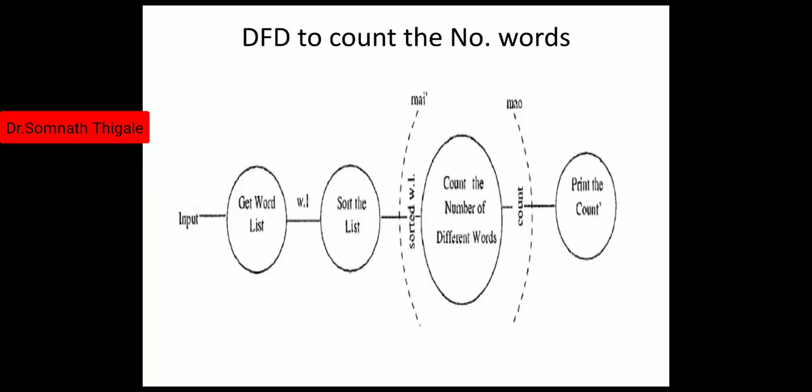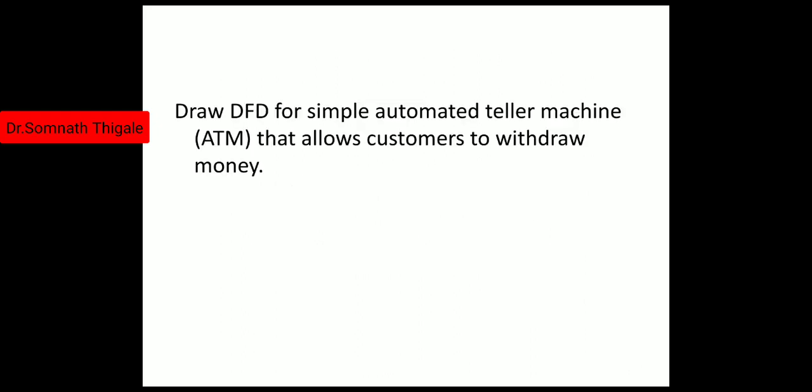So I have just converted this: input file, get the word list, total words, sort the word list, then after sorting count the number of different words and print that count. Here the arc represents most abstract input and most abstract output. So let us understand this. What is most abstract input, most abstract output?